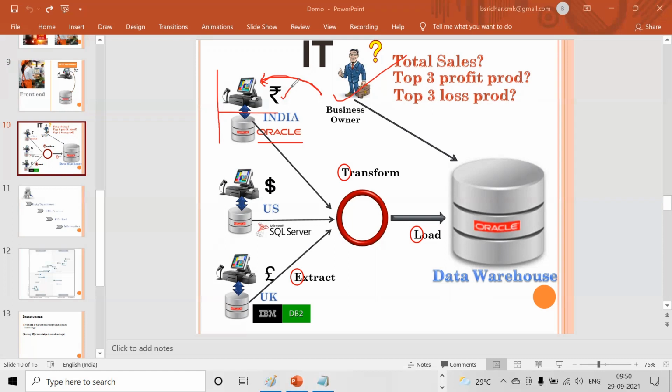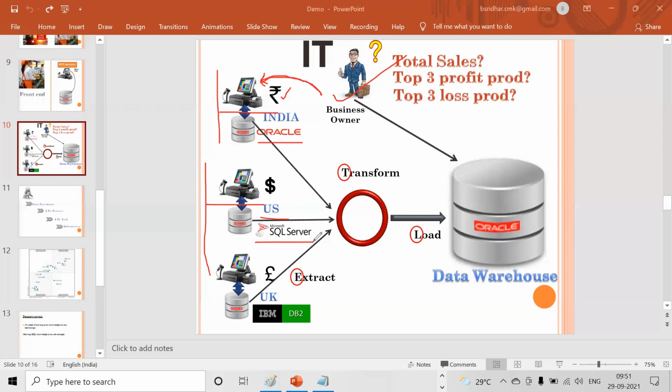So when a business becomes a success, what will they do? They'll try to expand the business. So the same person started his business in the US as well. So here also he needs an OLTP application plus a database. So in the US, he is using SQL Server as a database to store transactions data.